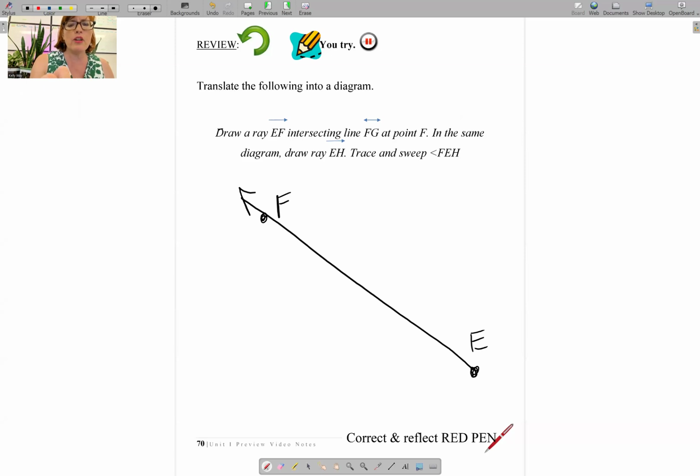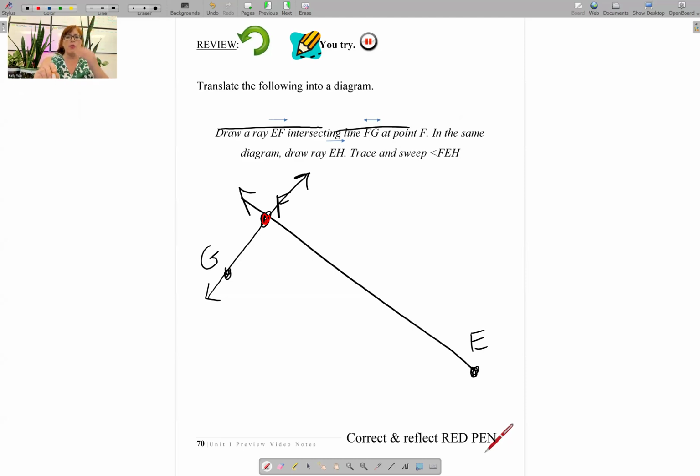Intersecting a line, FG, same letter, same point. FG, so it is a line, 2 letters. At point F, means it intersects at F.